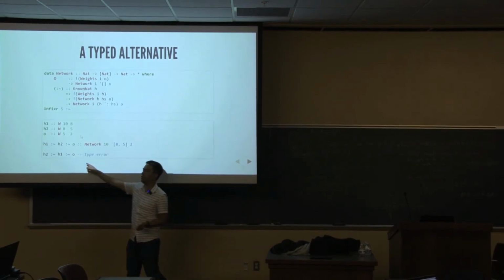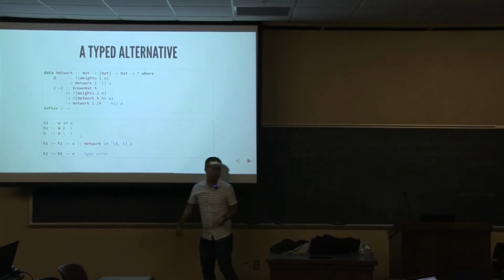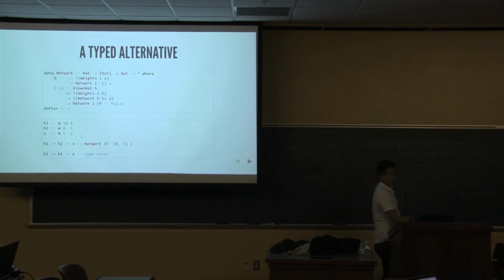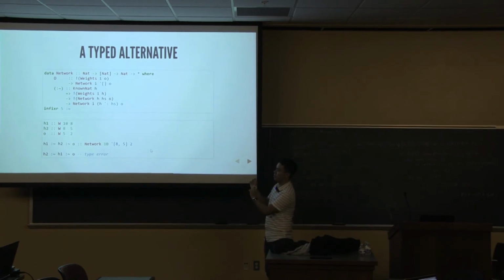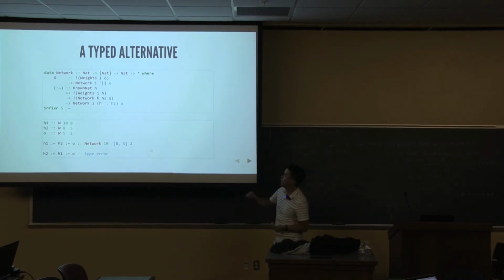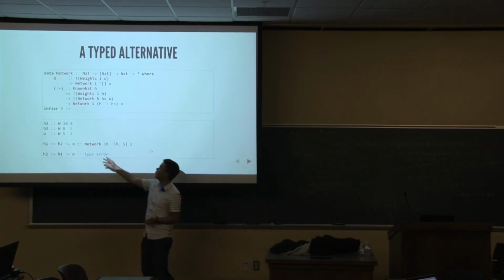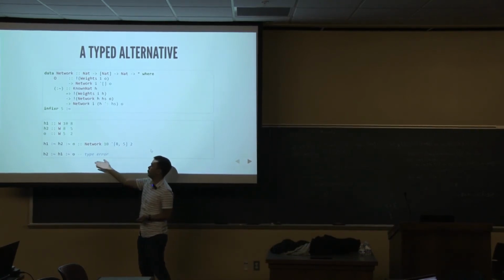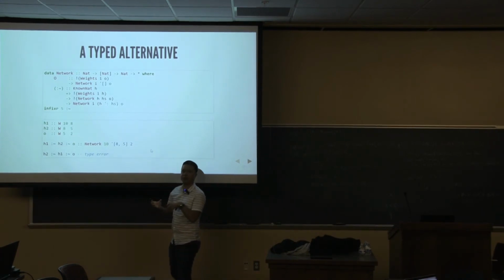And if we try to do this, it'd be a type error. Again, there should be a big O before this O here. And you can actually do this in GHCi, if you say h1 is equal to that type, and maybe you call it undefined. So now we can make a chain. The chain's type is reflected in the type of the network. And if we chain things incorrectly, that's a type error.